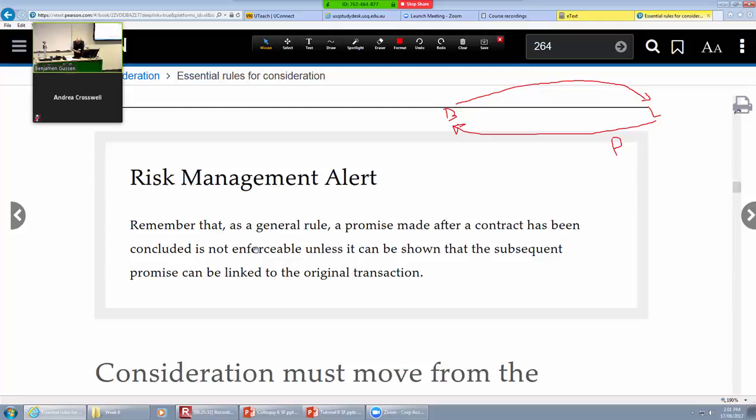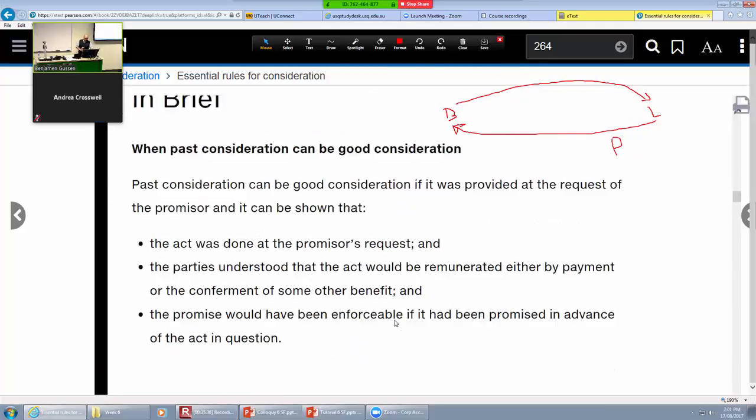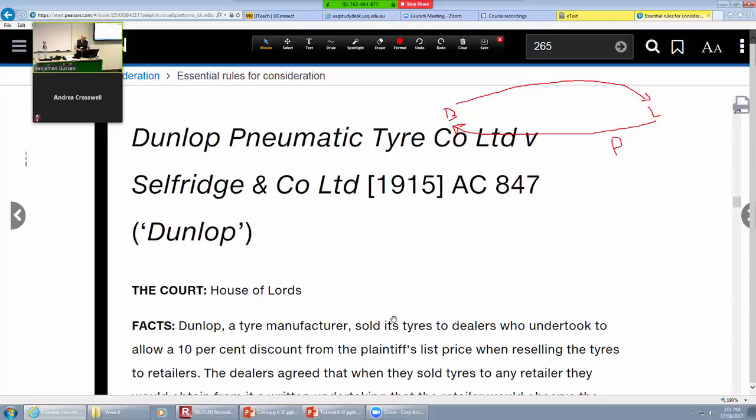Let's go to Dunlop. 265. This one. So this is a bit better, 1915 now.